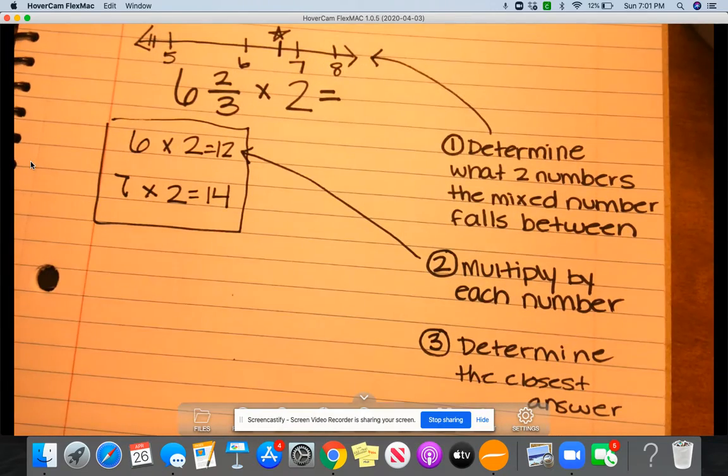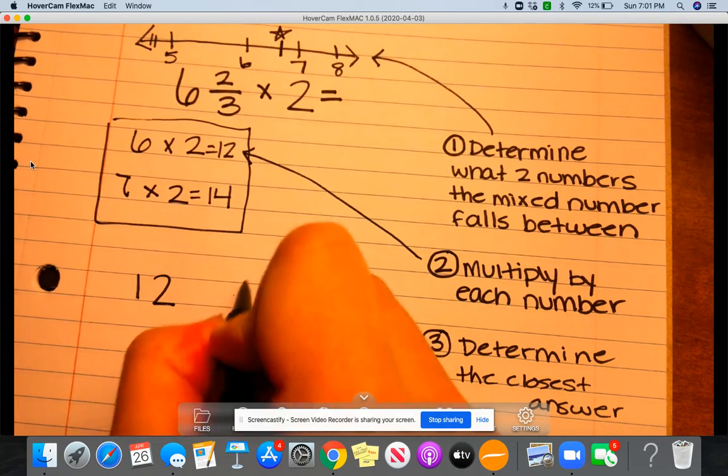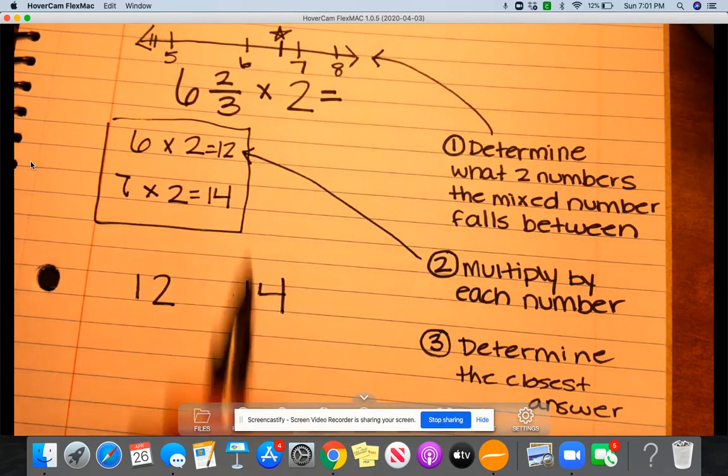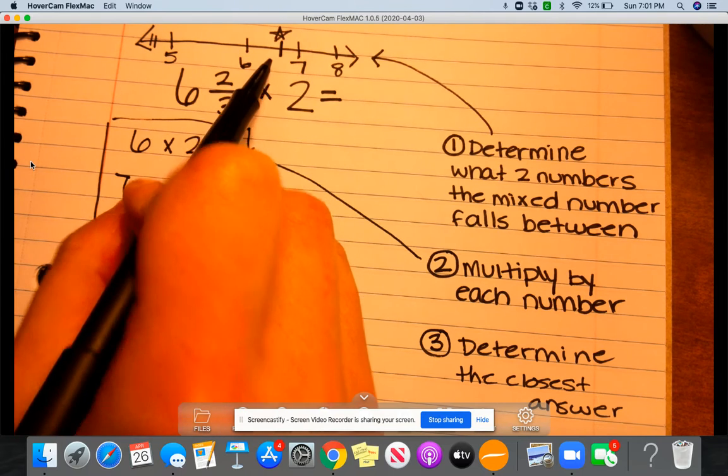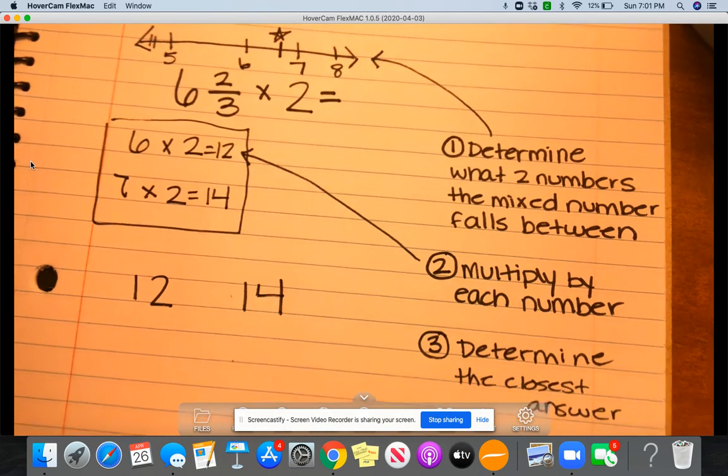So we know that the answer to this problem is going to fall between the number 12 and 14. Now, just like we said before, the number falls between 6 and 7, but 2/3 is greater to 7 than it is to 6. So let's look at our options.